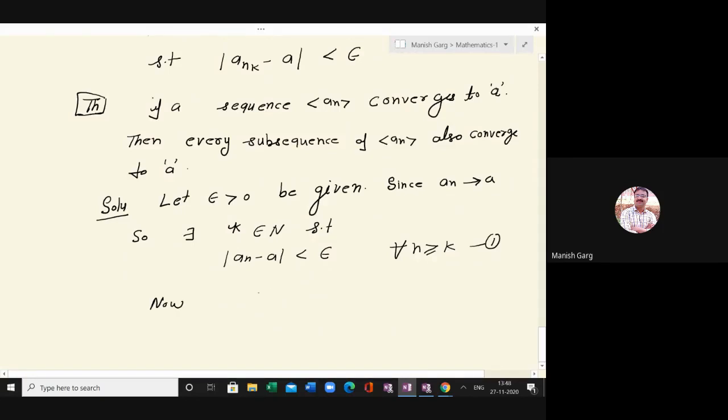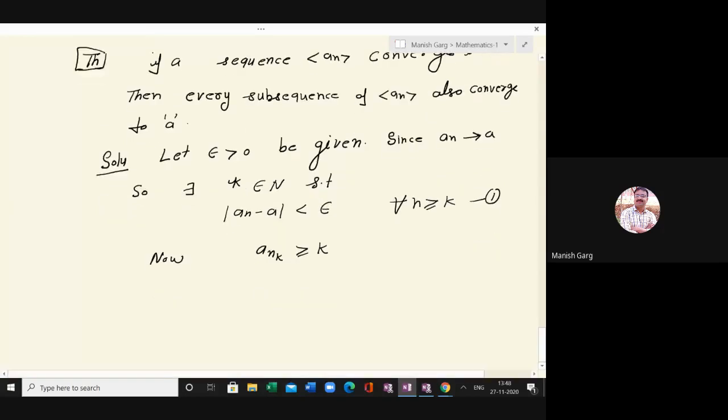Now always a_{n_k}, with n_k greater than or equal to k. I can write it in other words so that you can understand in a better way.